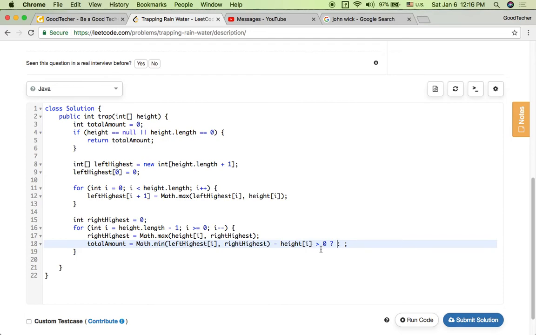We are going to add this value to the total amount.